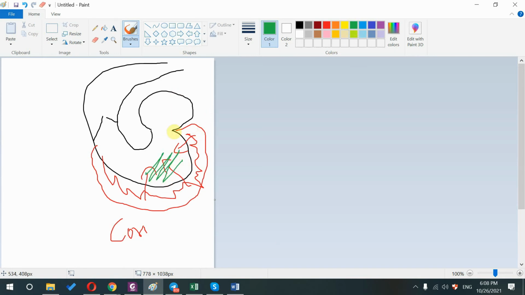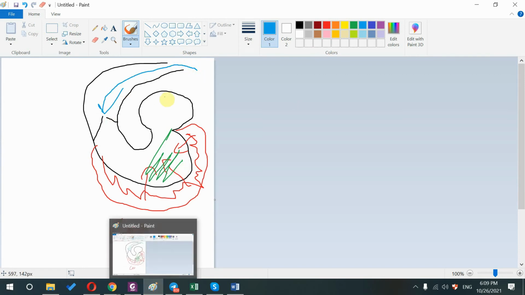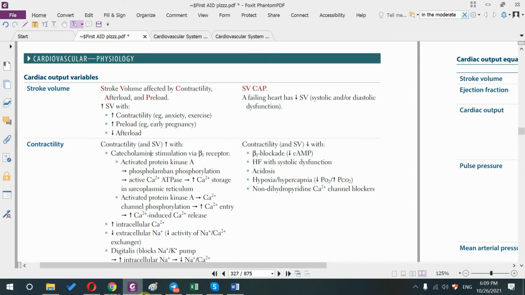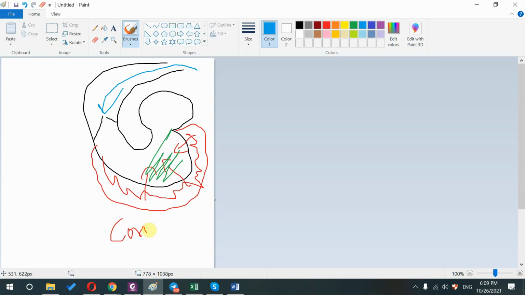I will make it green here. And the last thing is the afterload. The afterload is how much is pushing back from the systemic vascular resistance back to the heart. I know that a lot of you are looking at First Aid and seeing just a couple of words here, but this is much more difficult than it looks because they don't ask you stuff like that. So there is pushing back.